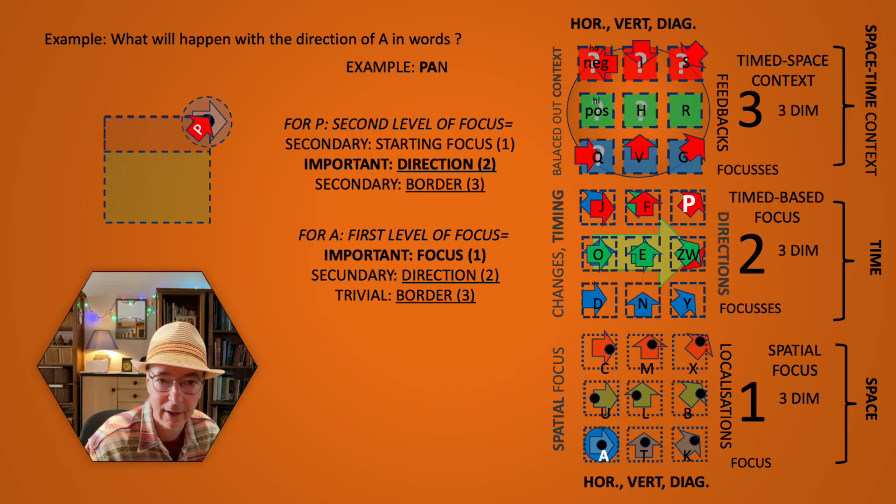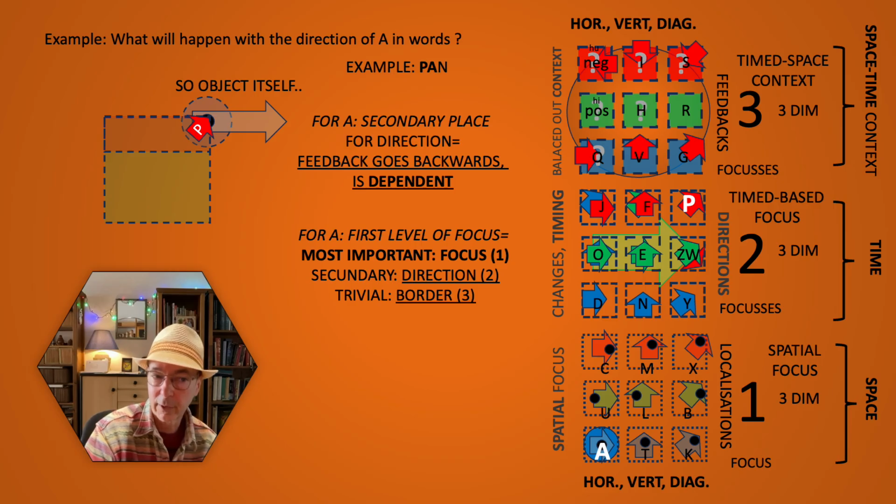The second letter is A, so there we put the A on top of it, and the A is our focal point, so we will go to that focal point. That focal point will be the most important, and secondary will of course be the direction. The direction for the object itself and our orientation will of course start from there and horizontally.